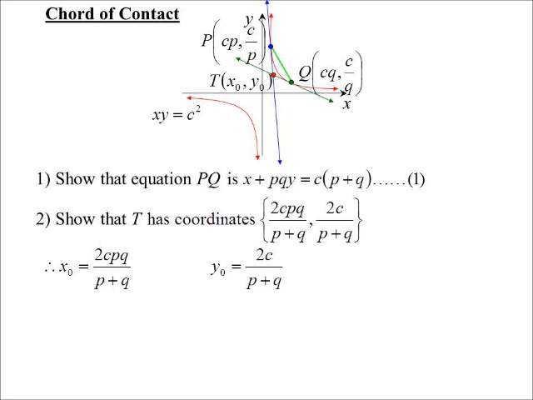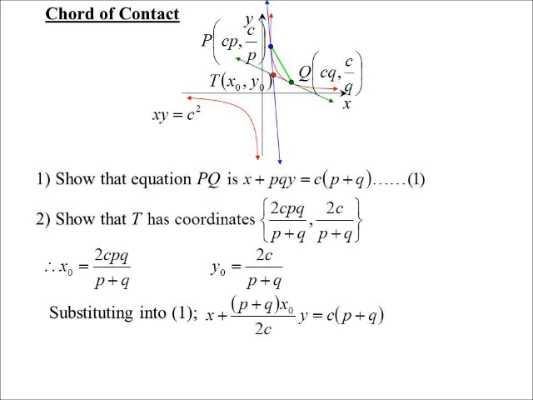So if I substitute, pq would equal, just rearranging the first one, (p plus q) x0 on 2c, but using the second one, p plus q would end up being 2c on y0. So I've now eliminated the p's and q's.